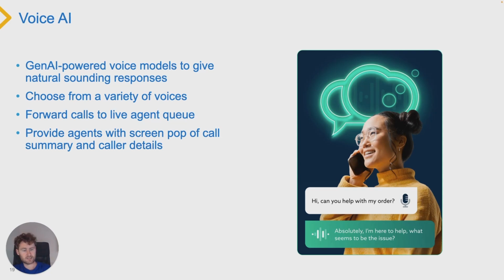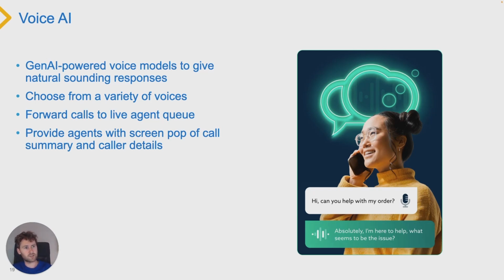Voice is an increasingly exciting deployment of AI in contact centers. As with chat and email, you can use the same knowledge base to give suggestive responses. However, obviously voice is different to these text-based channels.